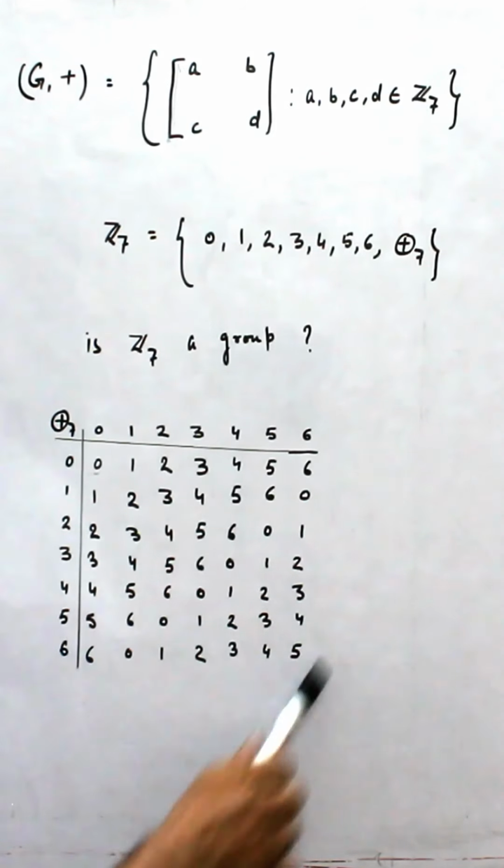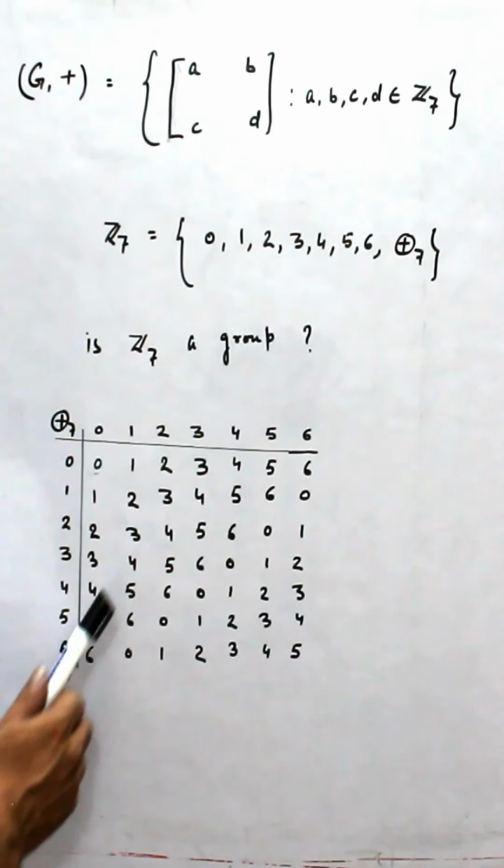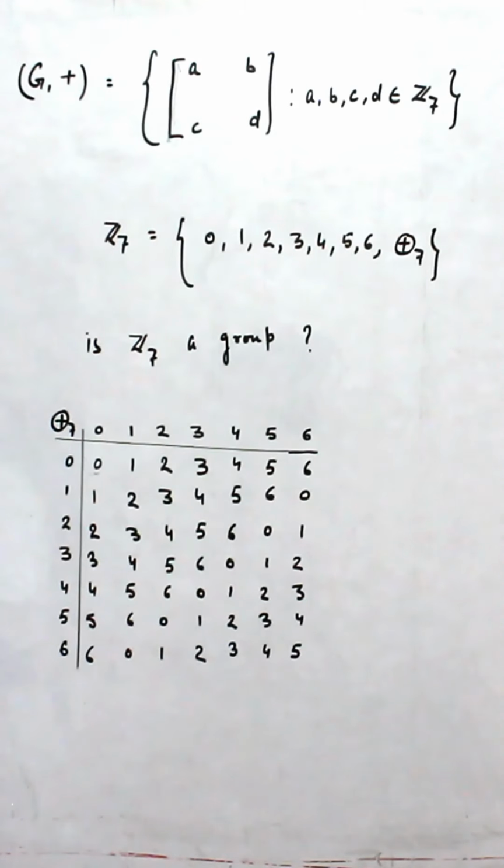Obviously all the outcome elements are in Z7, so it is closed.